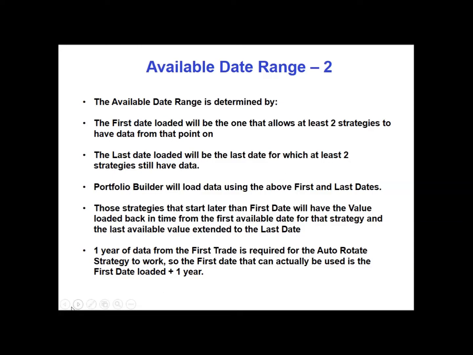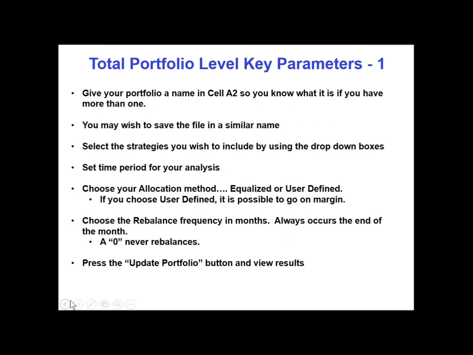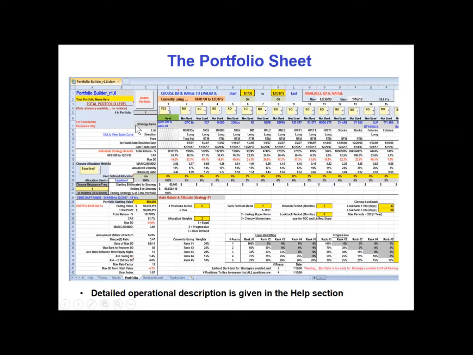Okay, so let's go back. Up here, you've got this overall range, but for each strategy that you've loaded with data, you've got these dates up here for when the auto-rotate data is valid, and you'll see I put them down below too.